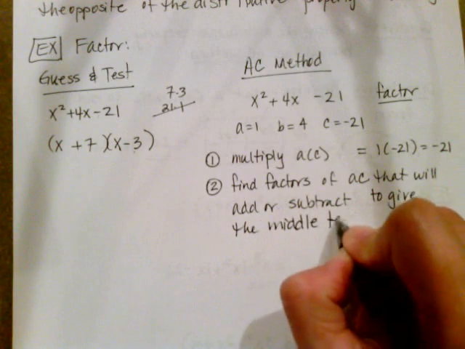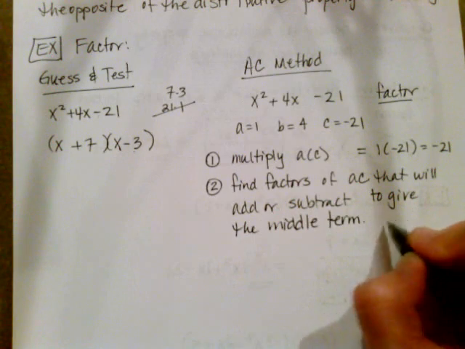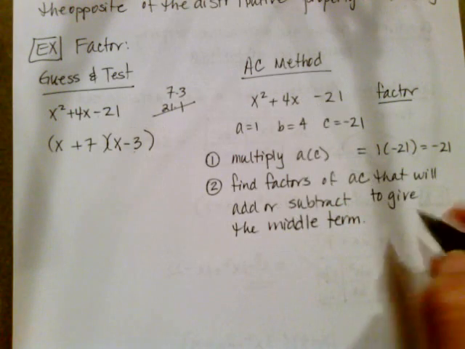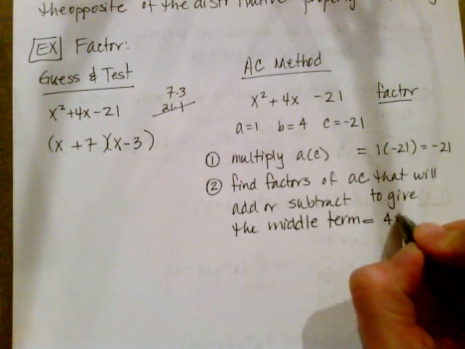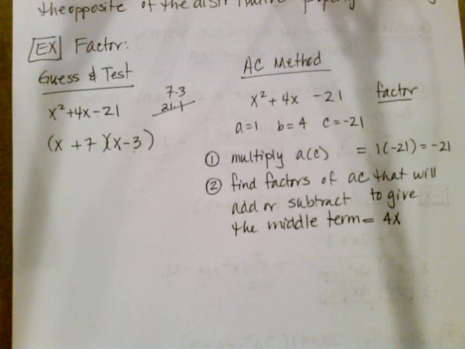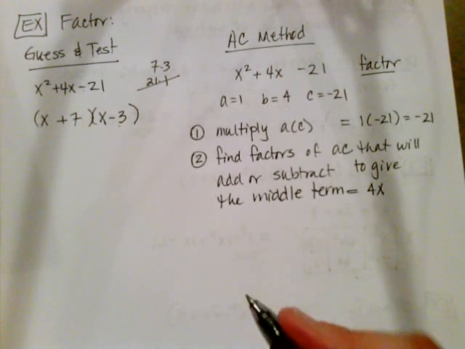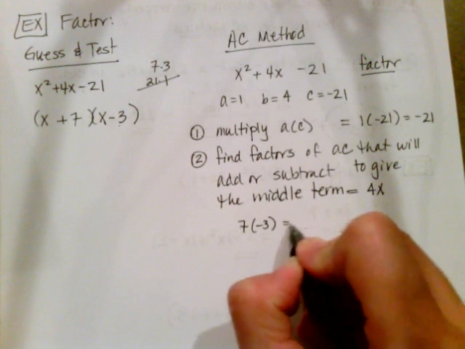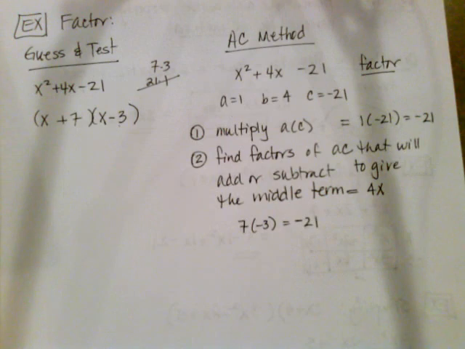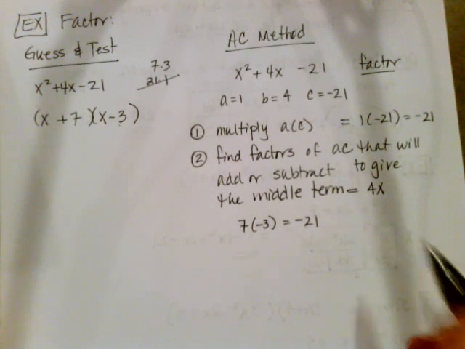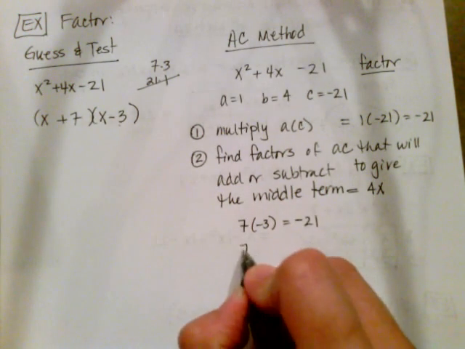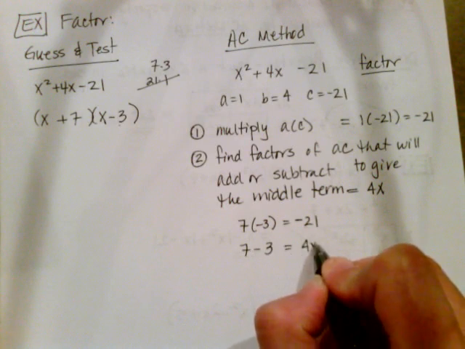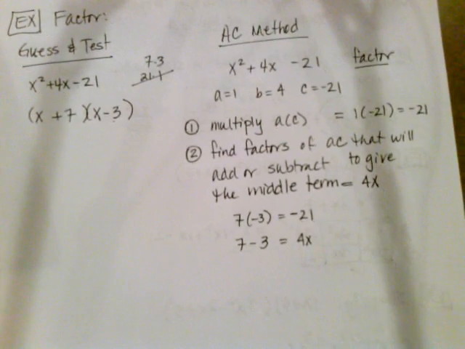And the middle term is always going to be the term that has a 1 for a power. So in this case, it's going to be the 4x. So my number combinations for the 21 are going to be a positive 7 and a negative 3, because that gives me a negative 21. 21 and 1 will not give me 4, and I check by doing 7 minus 3, and then that is my positive 4. And I'll just put the x so you know which term I'm looking at.